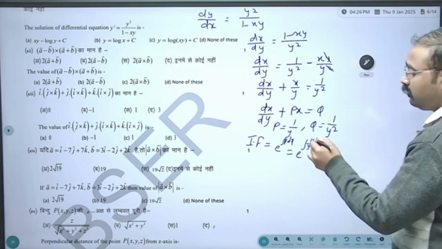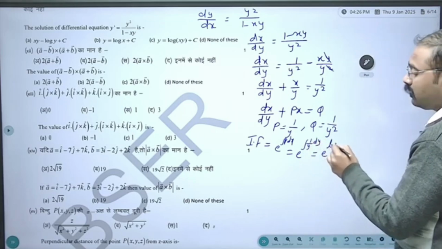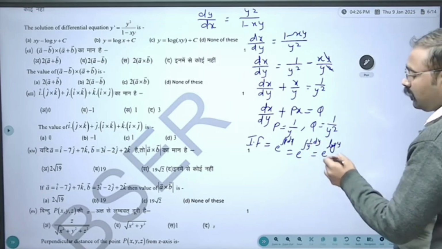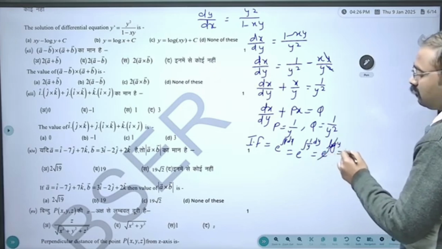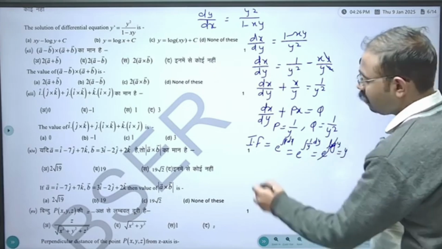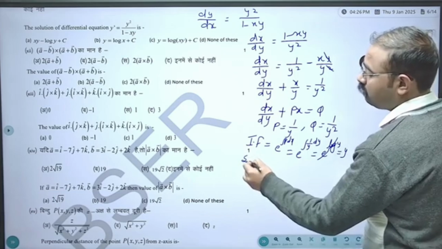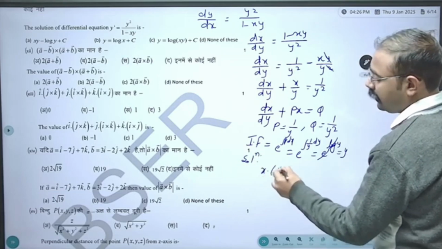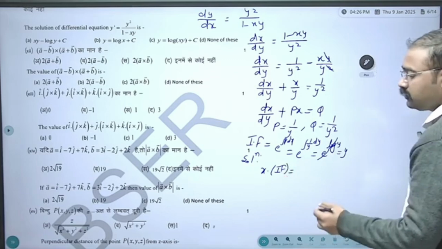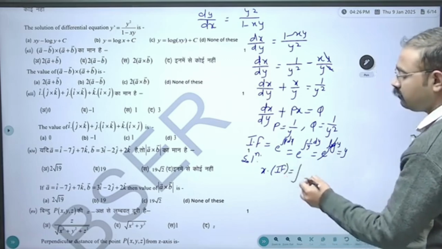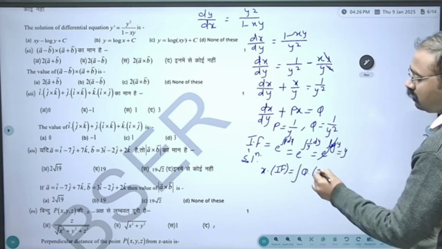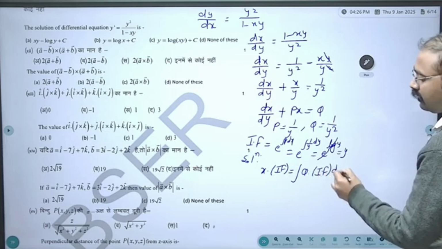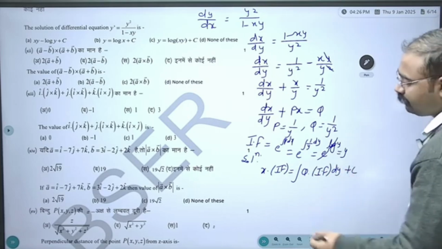E raised to the power log y, and e to the log cancel, so we have y. Now for the solution of this differential equation, x times integrating factor is equal to integration of q times integrating factor dy plus c.